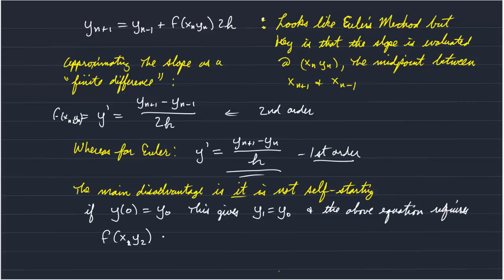So at the very start of the calculation, n is equal to 2, because we would know that y3 is equal to y1 plus f evaluated at x2, y2, but the problem is we don't know what this is.